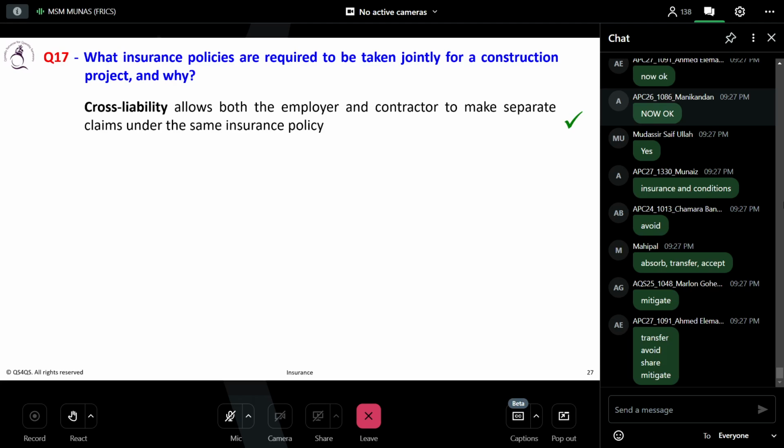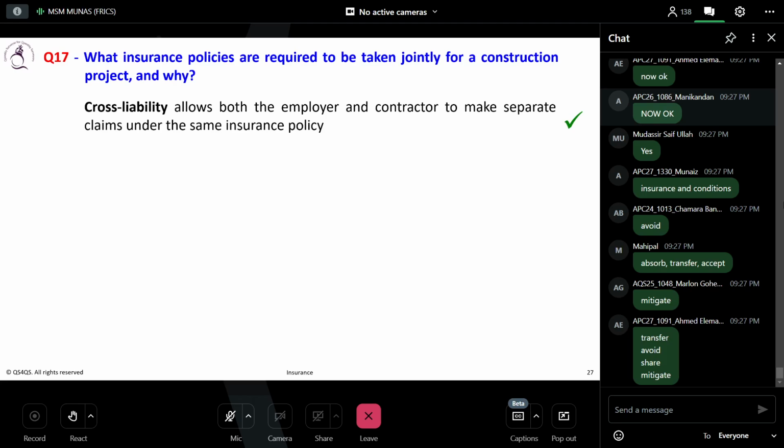So what is the advantage if you have cross liability insurance? That kind of dispute will be avoided, whoever is involved. With cross liability, you can cover the losses. It allows both parties to make a separate claim under the same policy.